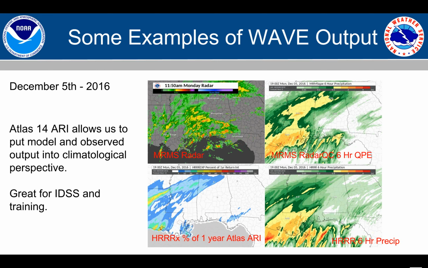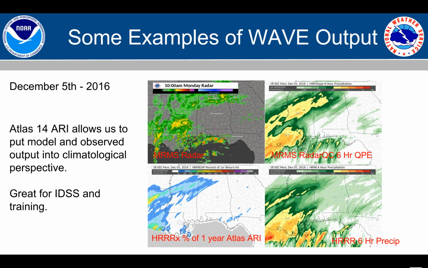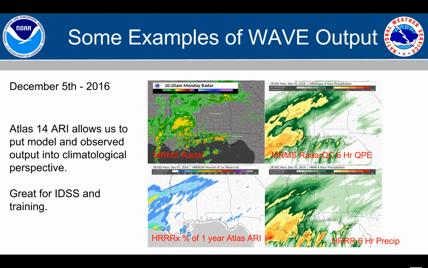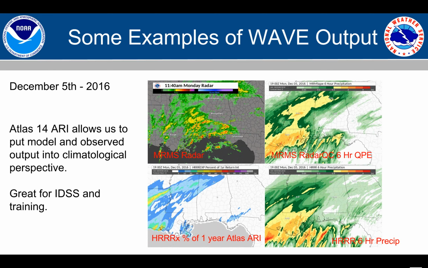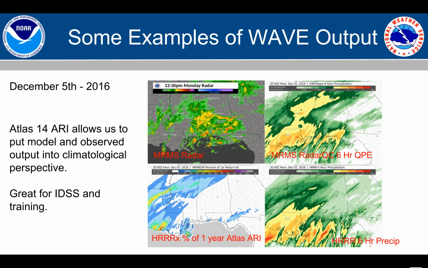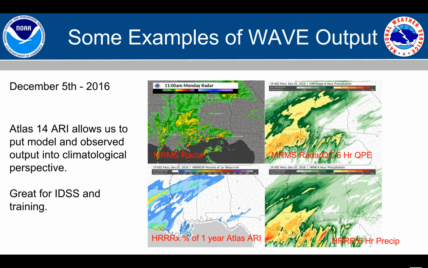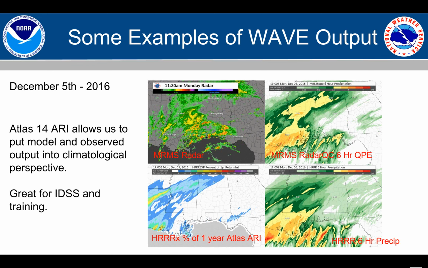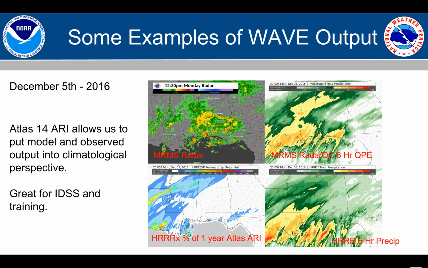That's where the Atlas ARI value can be of value. And that's not only a situational awareness tool, but also a DSS tool. If you're at an EOC and you want to demonstrate the climatological significance of something coming in, grab their attention, put it in terms they might understand. If you say something like this is a 30-year return interval, or 30-year event, that might get their attention, and this gives us the ability to do that.